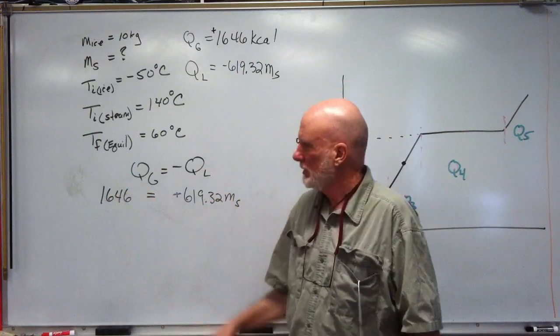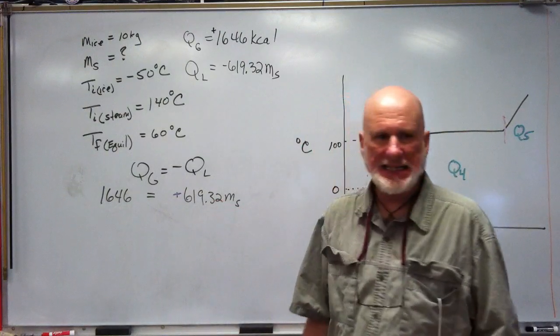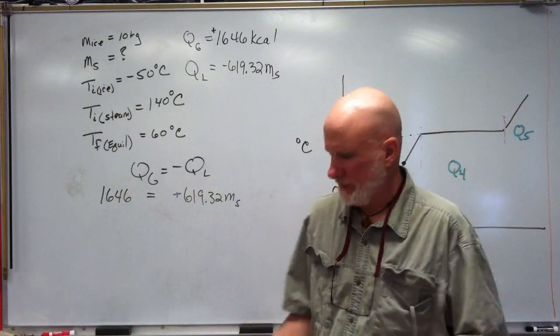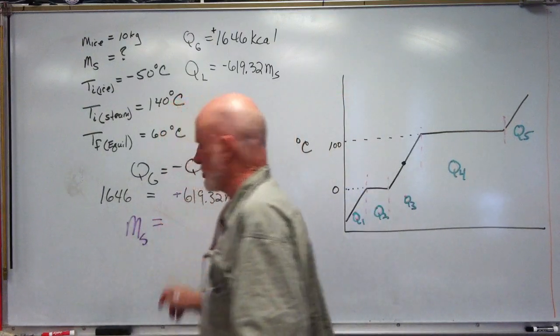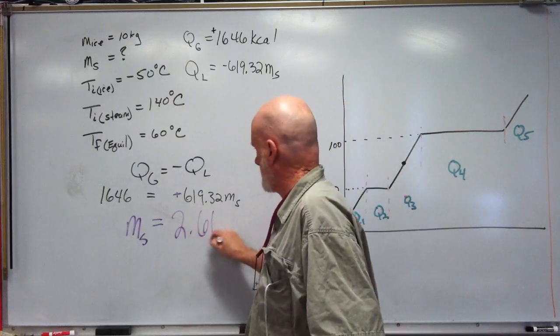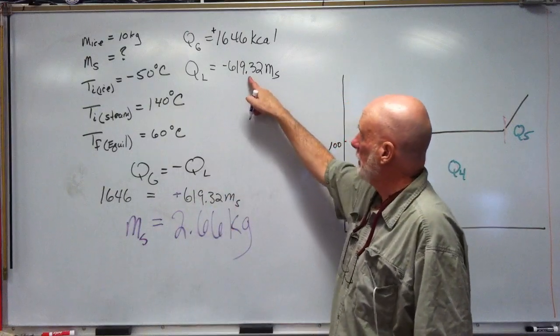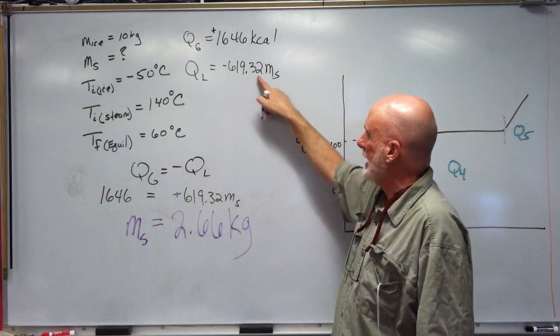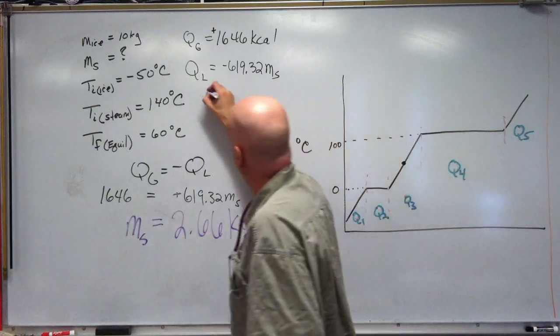Now, divide through. 1646 divided by 619.32 MS equals what? 2.66 kilograms. Now, multiply that by 2.66.